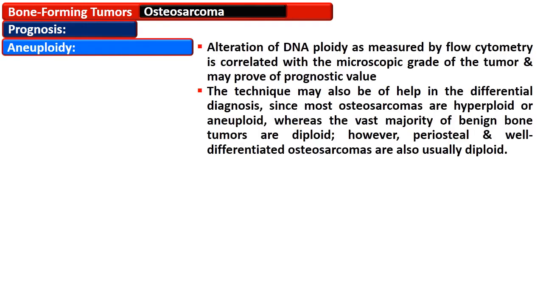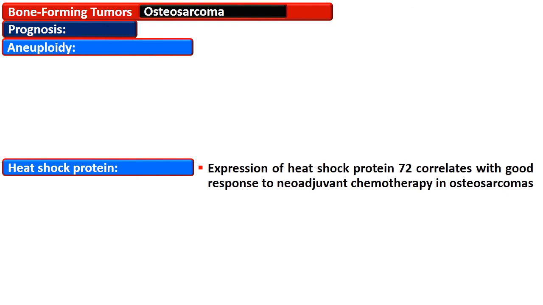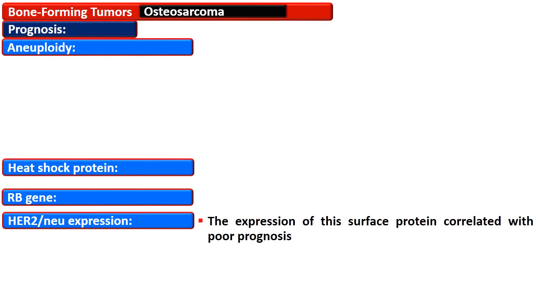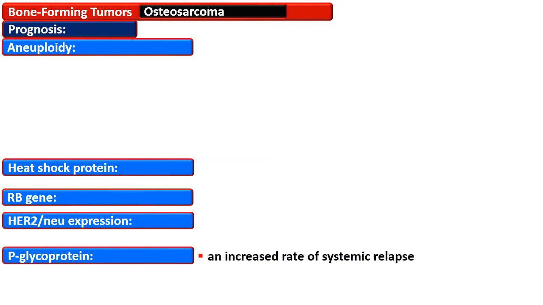Now the aneuploidy: most osteosarcomas are hyperploid or aneuploid, whereas the parosteal and periosteal osteosarcomas are usually diploid. The presence of heat shock protein 72 correlates with a good response to neoadjuvant chemotherapy in osteosarcoma, while loss of heterozygosity of the RB gene and HER2/neu expression are associated with poor prognosis.